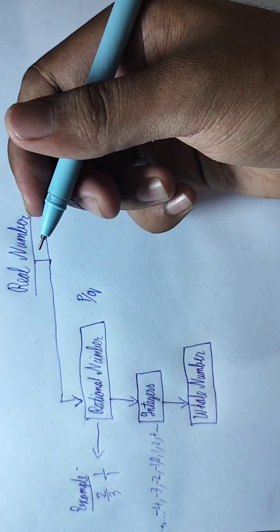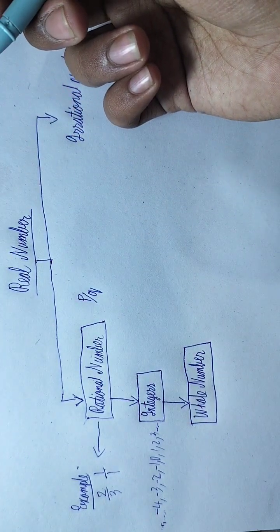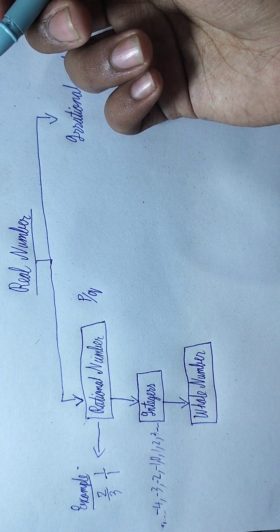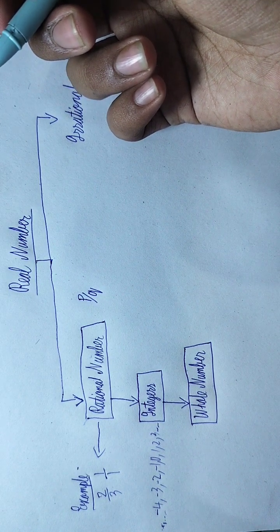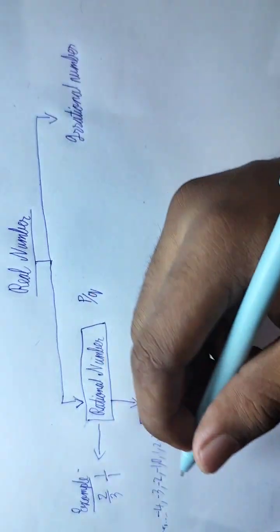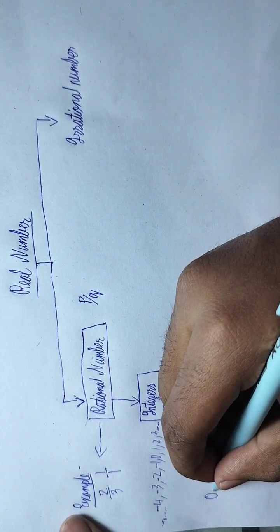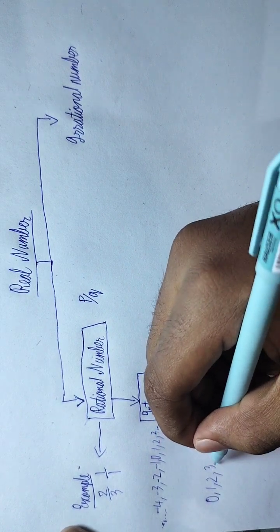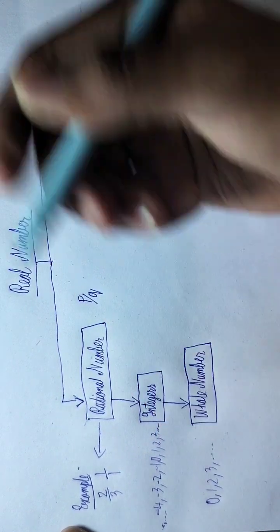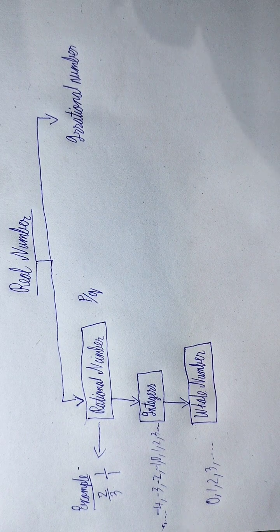We know that whole number means all positive numbers including 0 are known as whole numbers. We can write 0, 1, 2, 3, dot dot dot, means infinite.